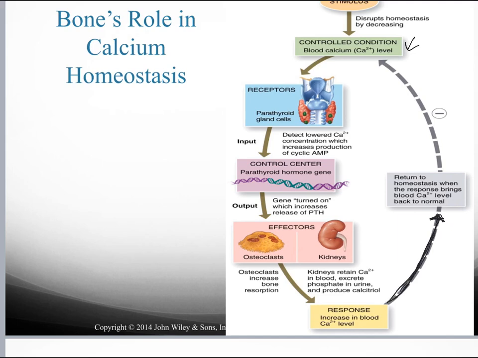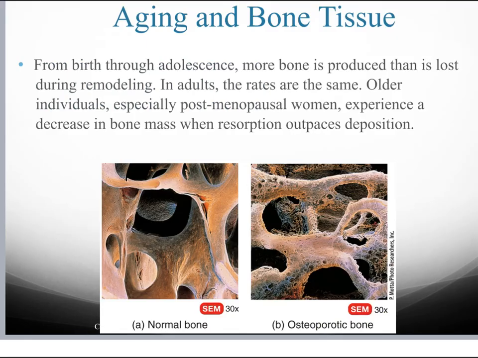Here comes PTH that's going to talk to these osteoclasts and increase bone resorption, which will help free up some of that calcium. Then the kidneys respond as well by retaining calcium in the blood, excreting phosphate in the urine, and producing calcitriol, which is going to help store the calcium in the bones. Once we get calcium levels back to normal, we negate this system. So, a negative feedback loop.